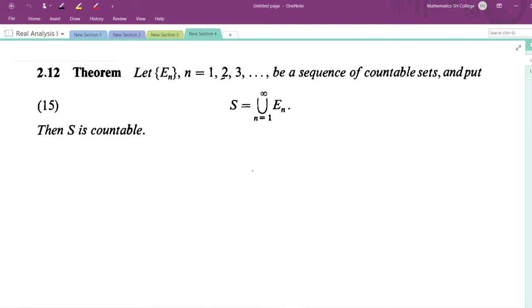So it is given that each E_n is countable. We have to show that their union is also countable. We can also say that a countable union of countable sets is countable. That is the meaning of this.